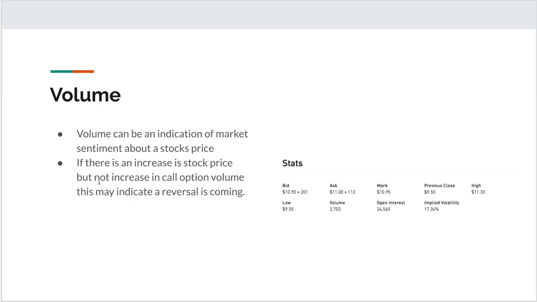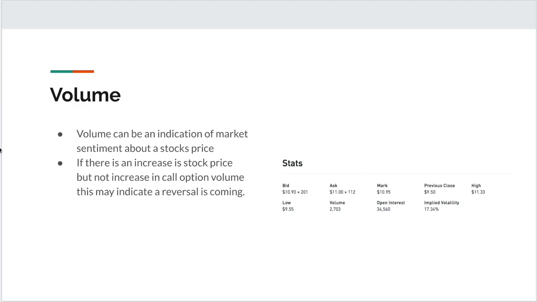So look at SPY, as we showed you in the example earlier. If you look at SPY or the S&P 500 volume and the market is starting to top, it's looking like it's hitting a resistance point, then if the call option volume is not increasing as it's topping, maybe a reversal is starting to come, and you want to look at put options, no pun intended.